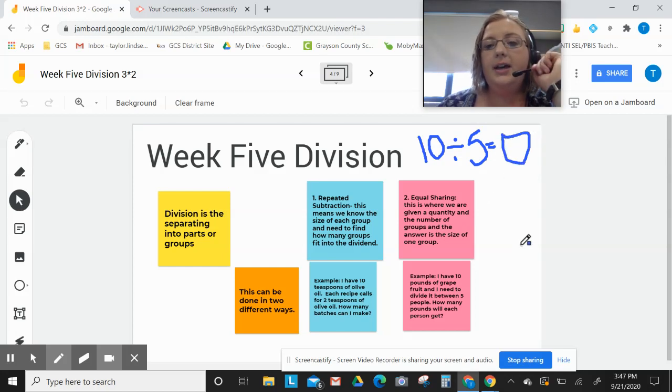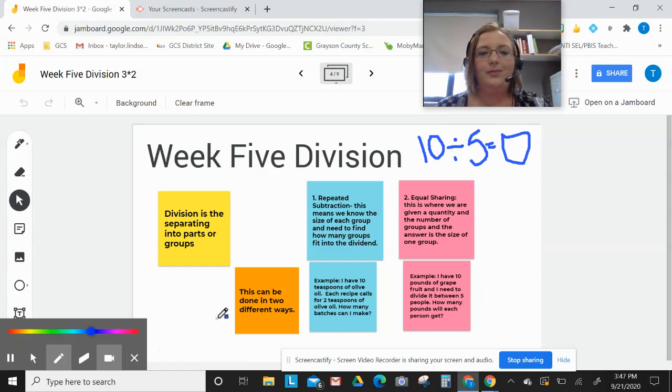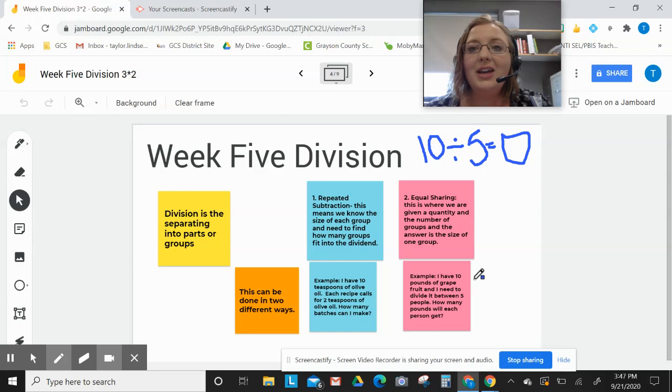Go ahead and answer that on your Edpuzzle, and then once you're finished, you will continue. Okay, so if you said we are looking for the size of one of the groups or how many that person has, you would be correct.